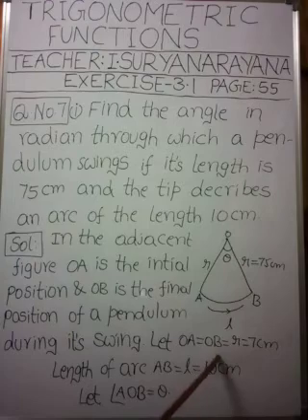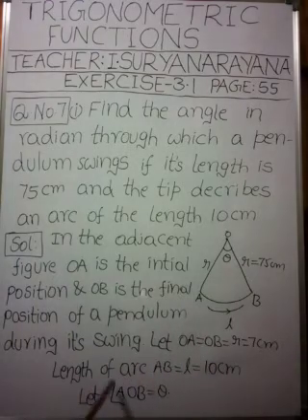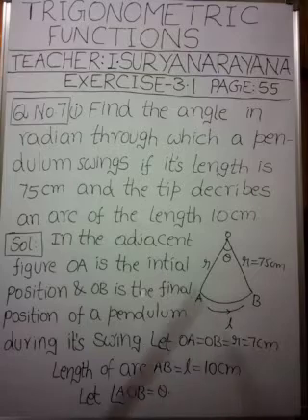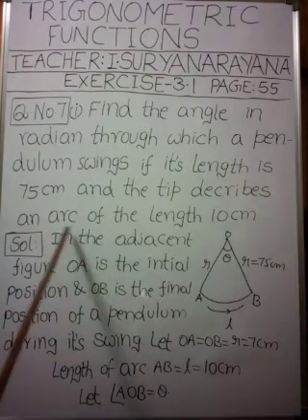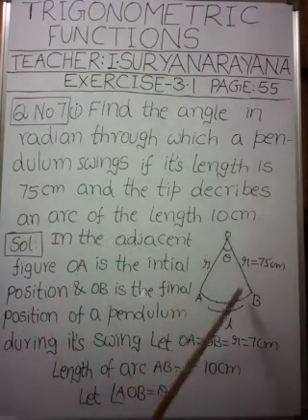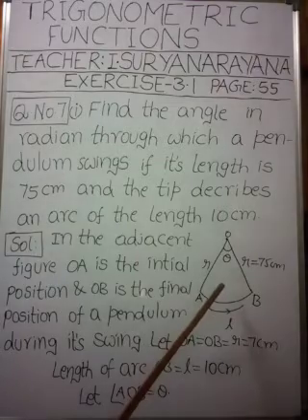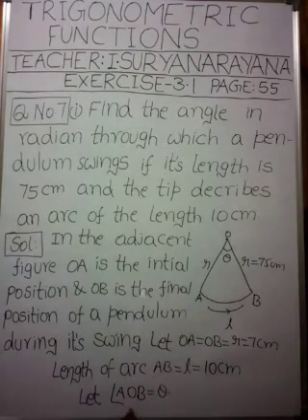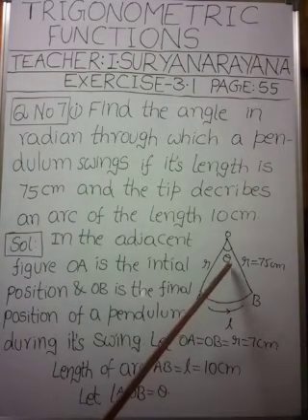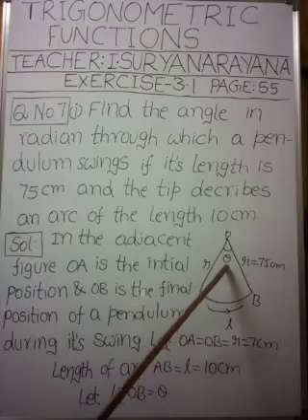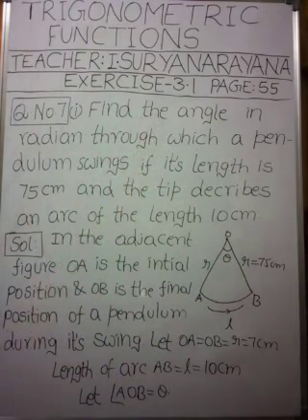Understood this step, my children? Right. Length of arc AB, that is L, is equal to 10 centimeters. In the question itself it is given the arc length is 10 centimeters. Let us assume that angle AOB is equal to theta. Understood this step, my children? Right. We have to find this angle in radian measure. Understood, my children? Right.